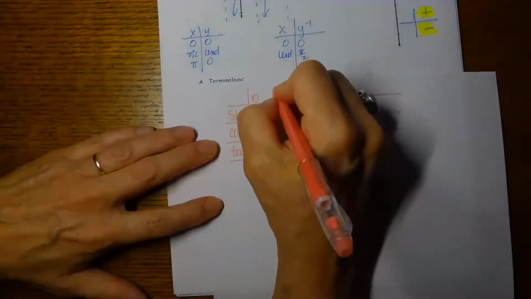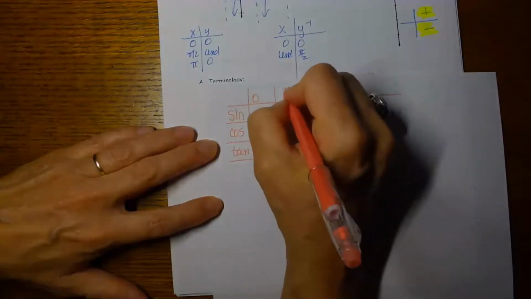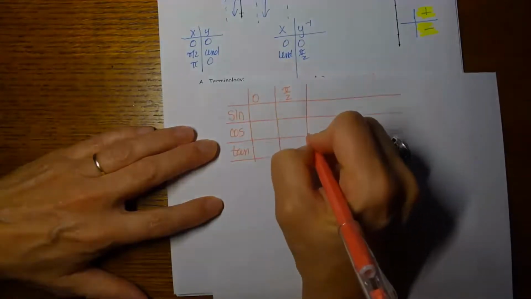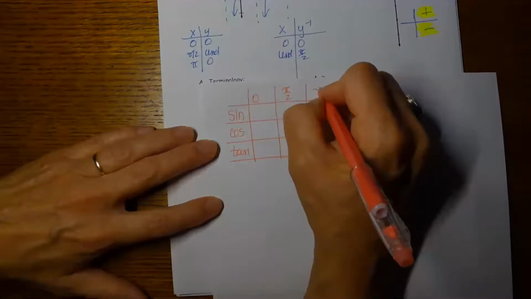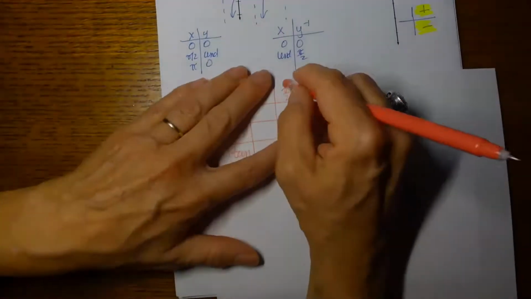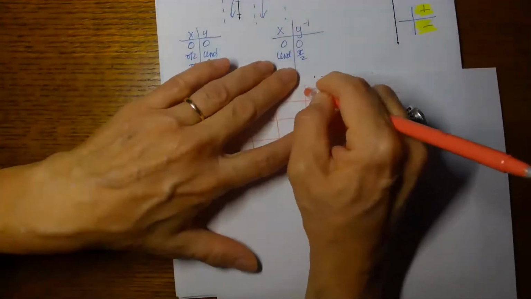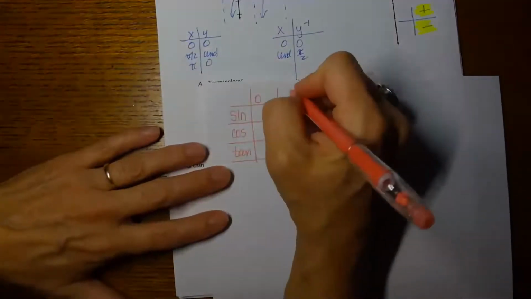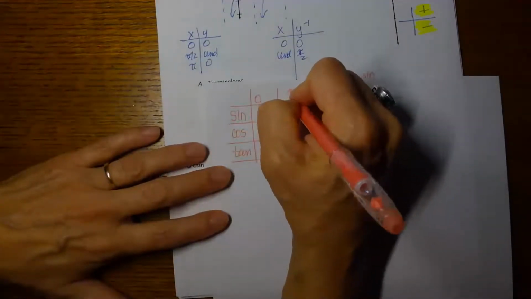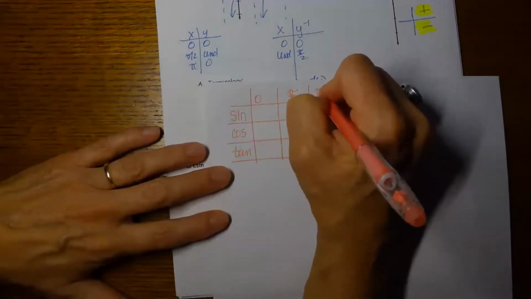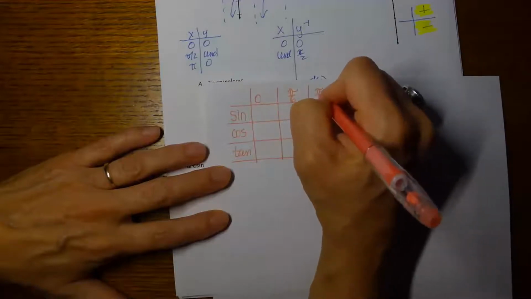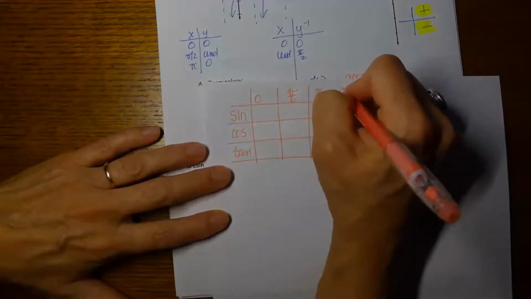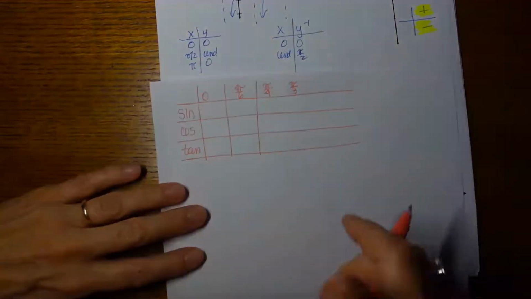So we have 0, pi over 2, pi. Well, no. Let me put my other ones in first. I'm not going to just do those. What do we have? Pi over 6, pi over 4, pi over 3.